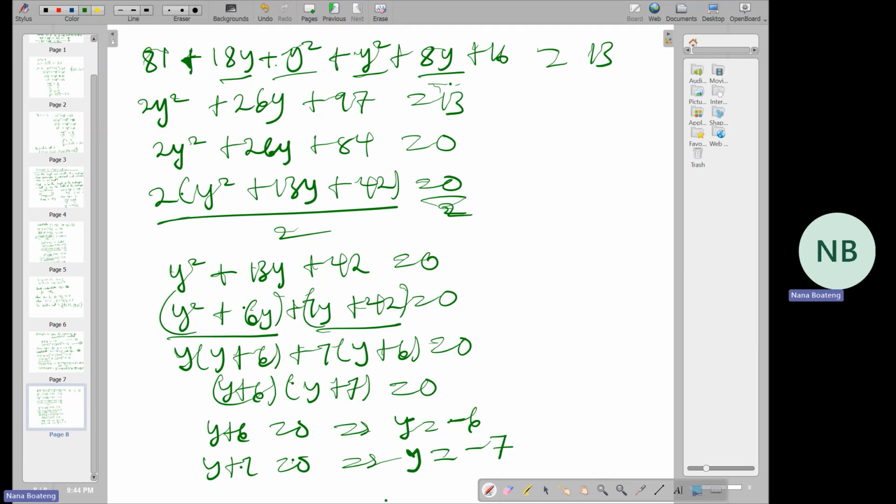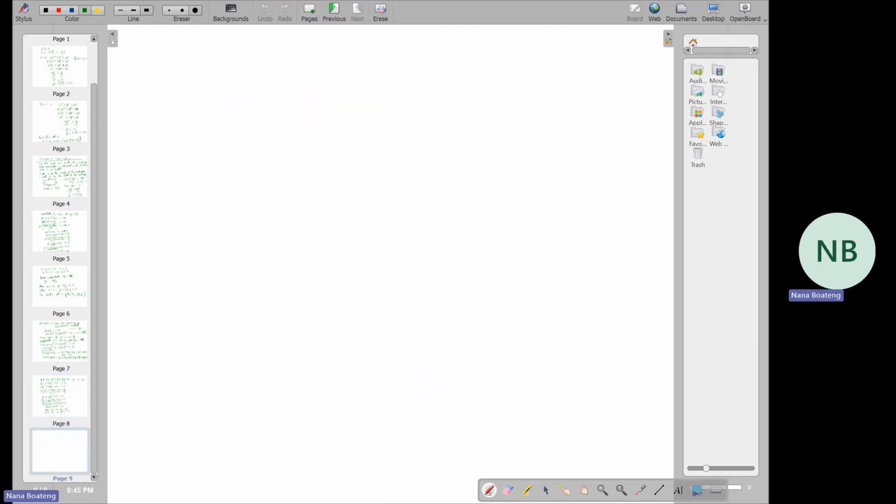So now let's solve for the value of x. Remember in the first equation, before we started with the substitution method, we said x is equal to negative 7 minus y.